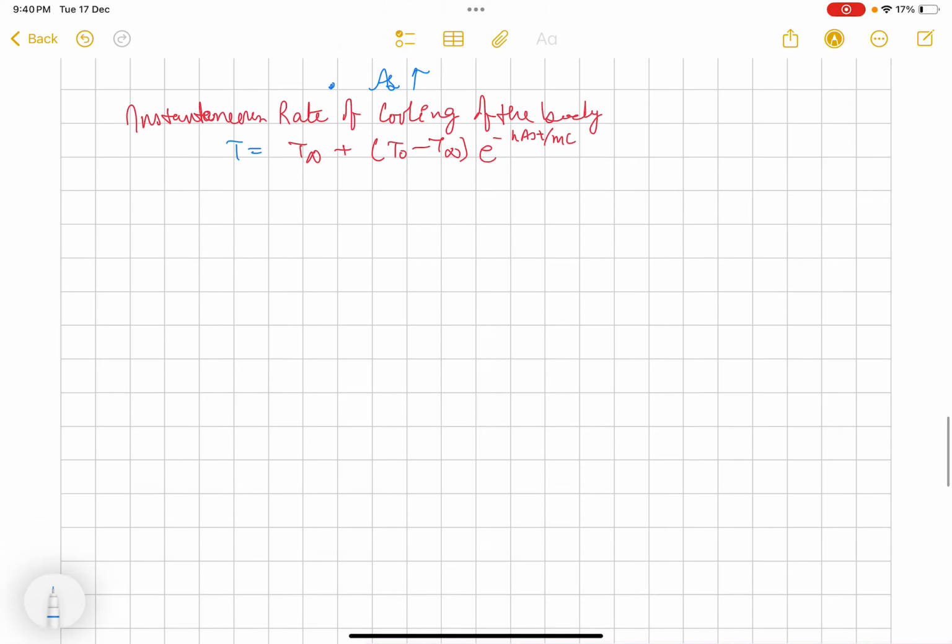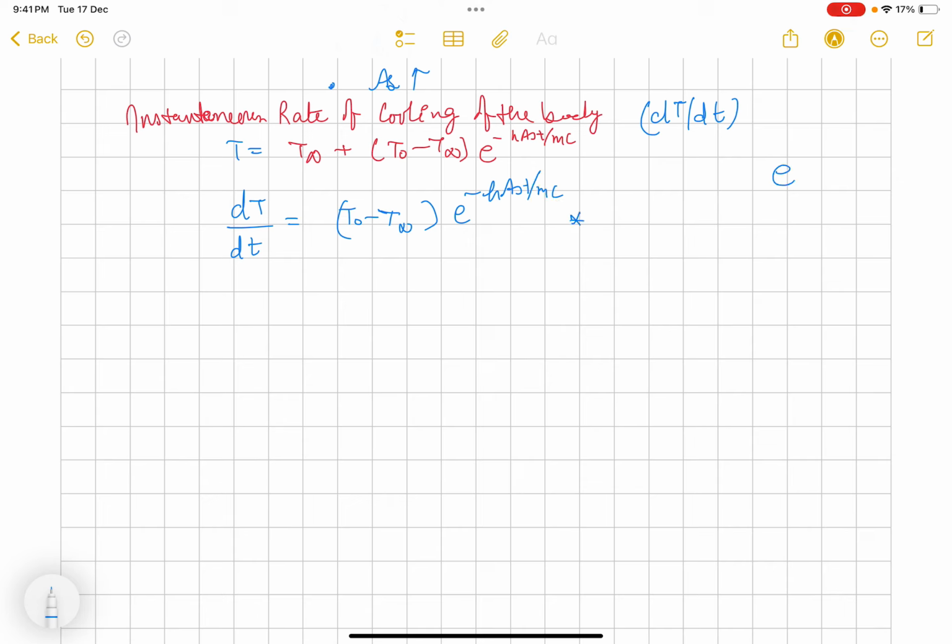so to find the rate of cooling, meaning the temperature gradient, just differentiate this equation with respect to time. T0 is constant, so we will have (T0 − T∞) times e^(−hAs t/mc).